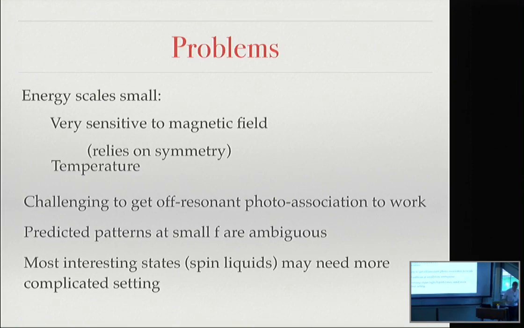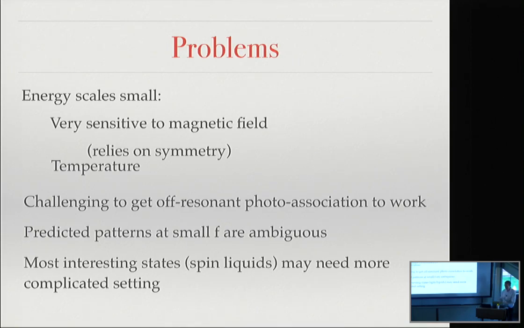Okay. All right. So what are the problems with this? Caden already asked about energy scales. You get pretty small gaps to excited states, and so there's really high sensitivity to temperature, high sensitivity to magnetic field.